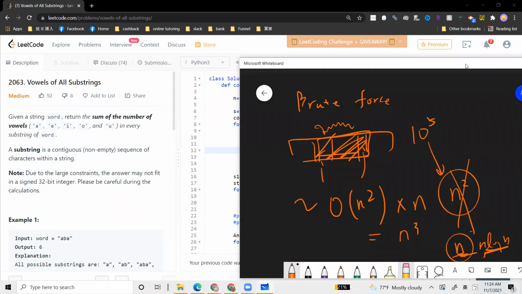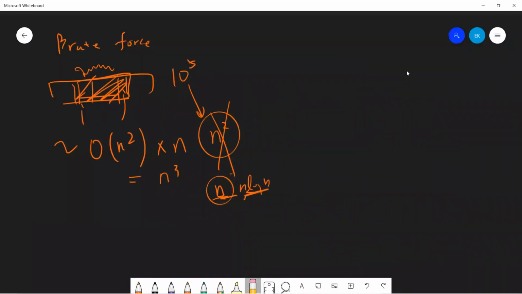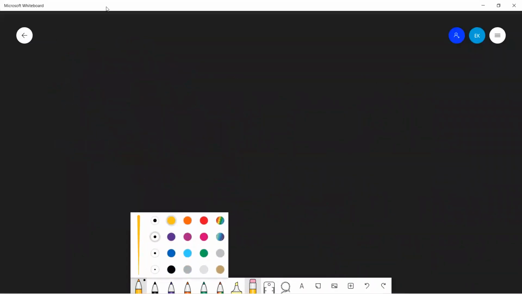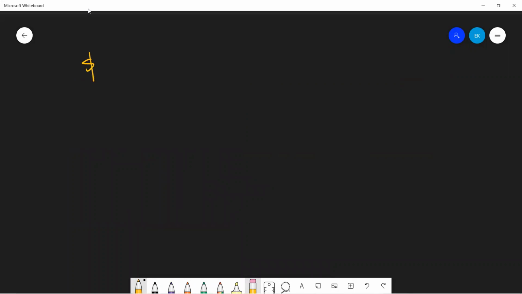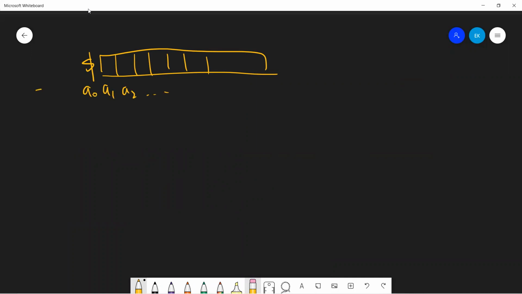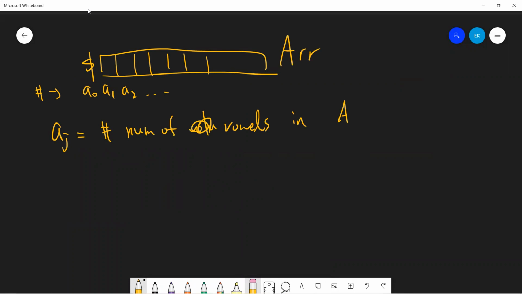So let me solve this with my idea. Let's say I put a dollar sign in front of my string, and define A0, A1, A2 as the numbers I want to compute. I define Aj to be the number of vowels in the array from index 0 up to j, counting how many A, E, I, O, U are in this region.